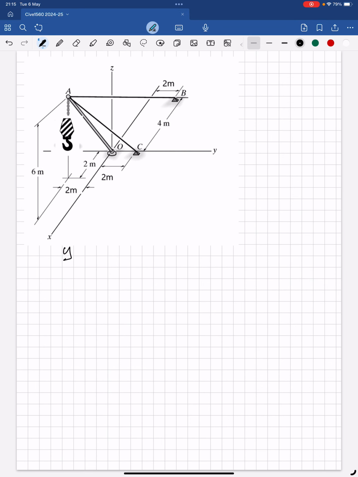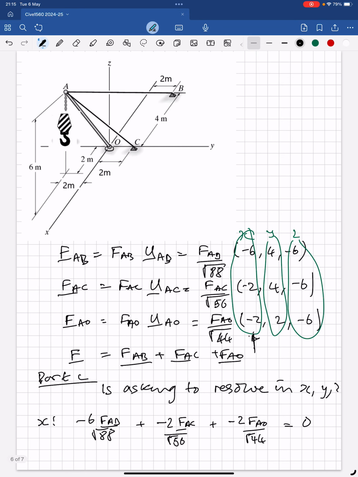So in the y we have this column here, 4, 4, 2.